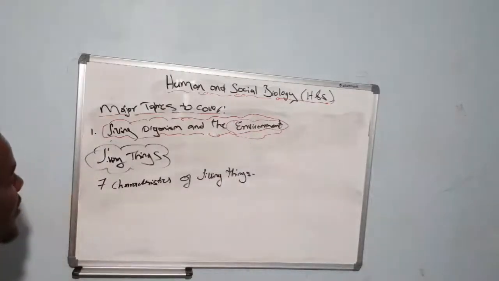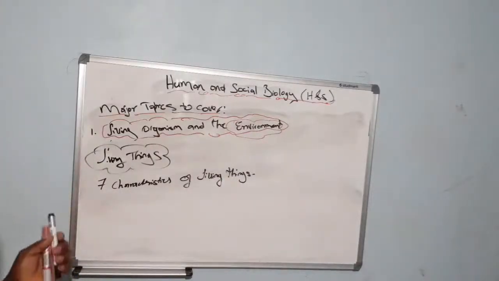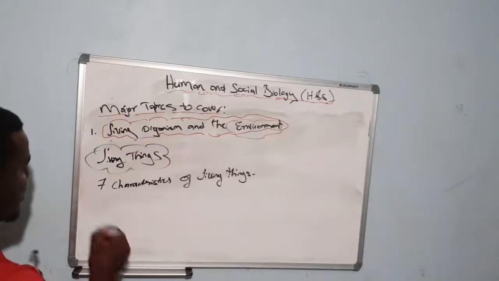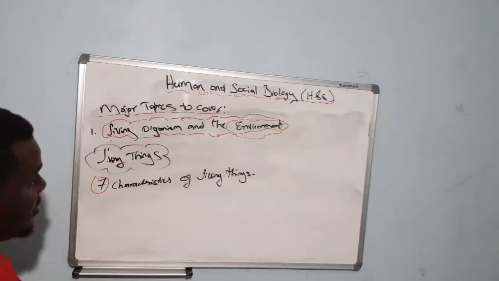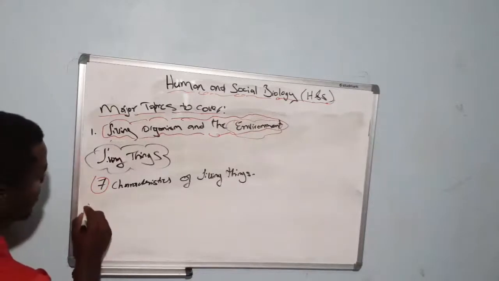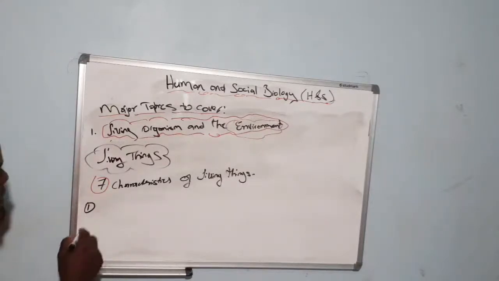So as I said before, there are 7 characteristics of living things. The first up, 1, we have nutrition.